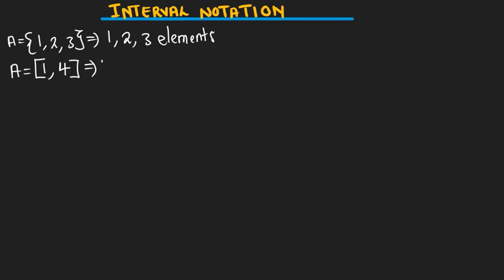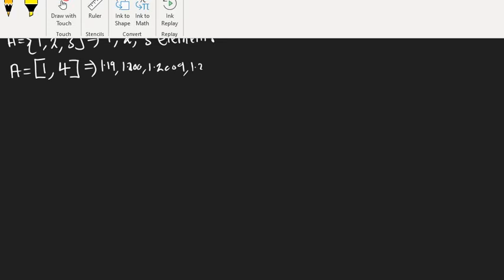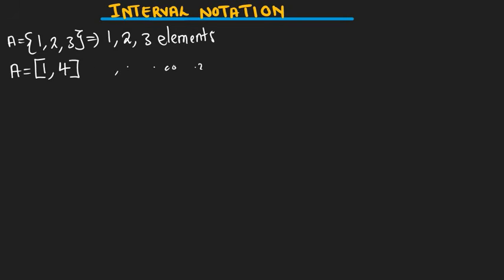So we are going to have numbers like 1.19, 1.1, sorry, 1.200, 1.2009. So we can't count them. So we are going to be using interval notation to be able to operate certain problems under sets.